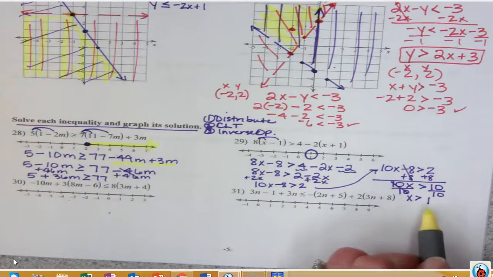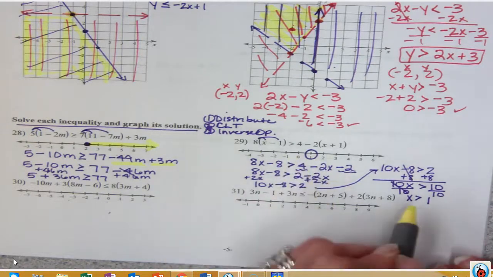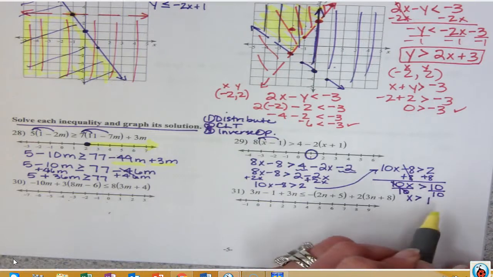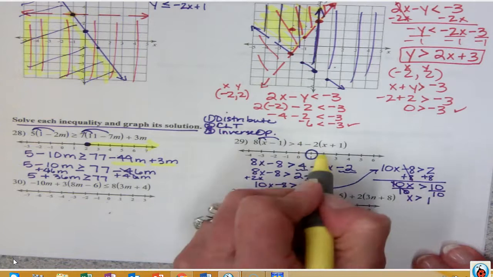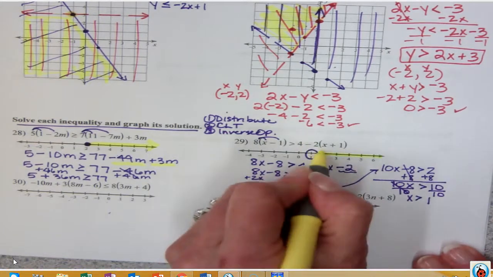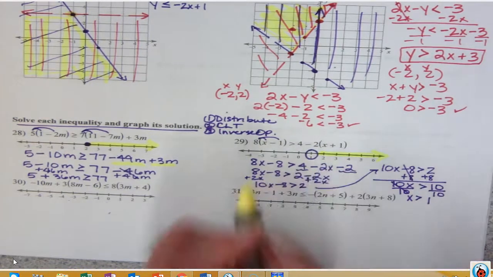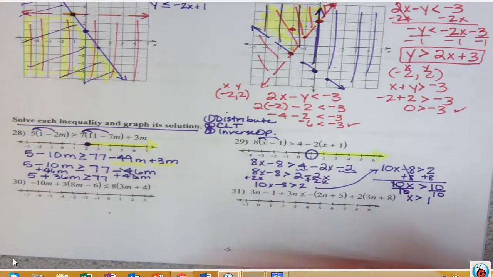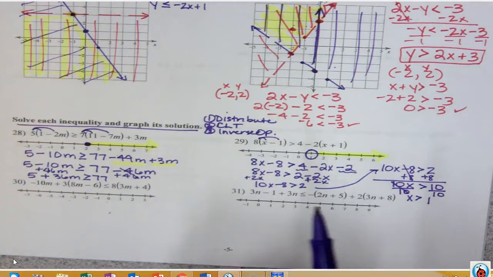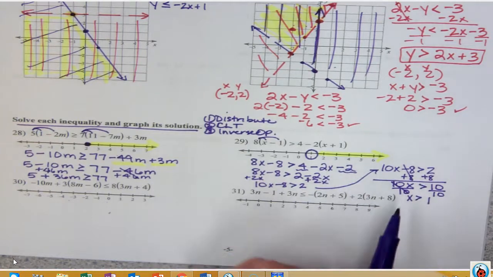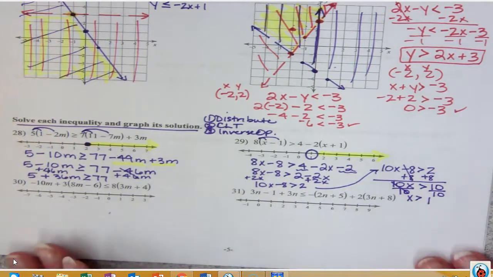Because 1 is not greater than 1. 1 is equal to 1. So if 1's not greater than 1, then it cannot be included. So x has to be greater than 1, so we include all the greater than numbers. 2 is greater than 1, 3 is greater than 1, 4 is greater than 1. All of those numbers that I've highlighted would make this equation correct.